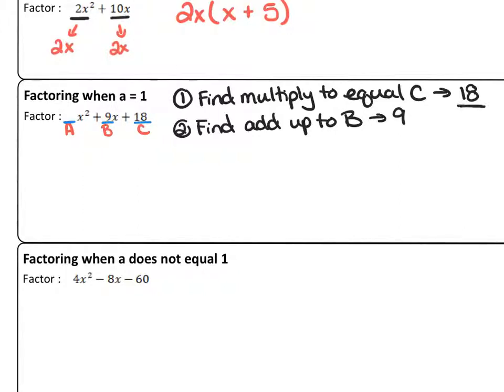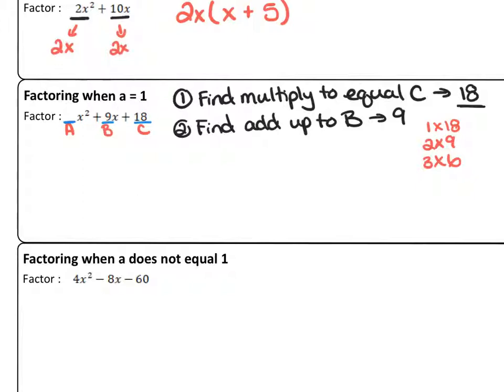We're going to look at 18 and the factors of 18. If I think about what multiplies together to give 18, I might think 1 times 18, 2 times 9, or 3 times 6.